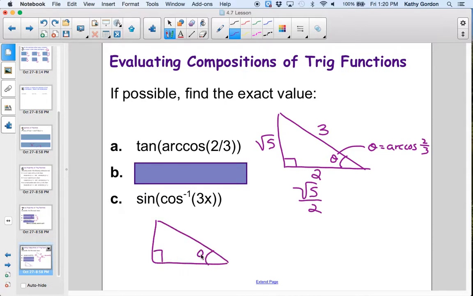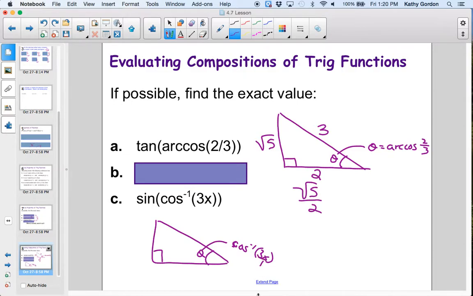Here's my angle. The angle really represents what? The inverse cosine of 3x. Well, 3x is the same as 3x over 1.